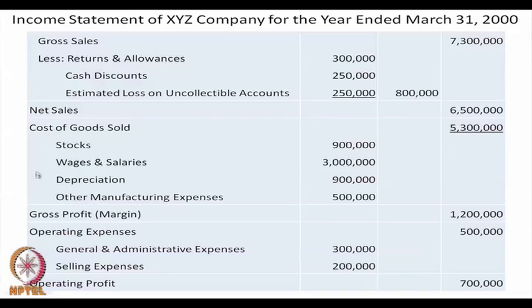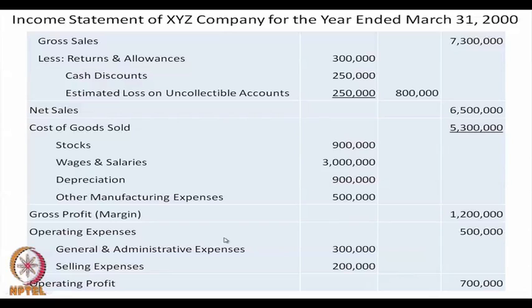These are expenses incurred outside the factory by the administration and the marketing or the selling department. Here G and A expenses, general and administrative expenses, amount to nearly 300,000 rupees. Selling expenses amount to 200,000 rupees.